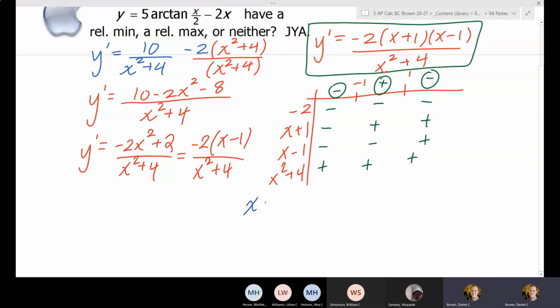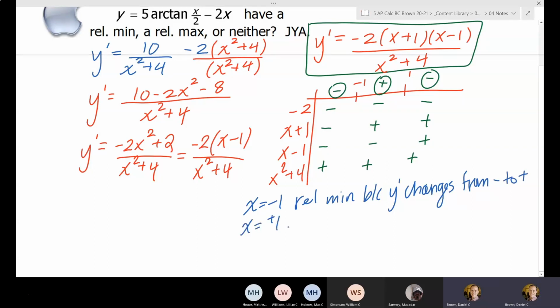So I have x equals -1, goes down then up. So it's a relative min because y prime changes from negative to positive. And then x equals +1 is a relative max because y prime changes from positive to negative.